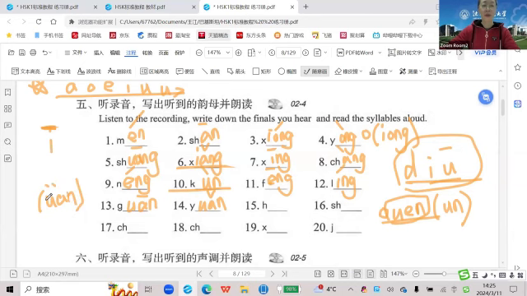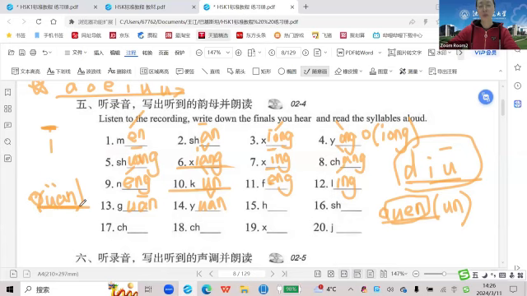Okay, and because there is no initial in front of this final, we should add the alphabet Y in front of the final, and the two dots were omitted. So that's where the written form came from. So are you clear? The syllable should be yuan, and that is the original form.